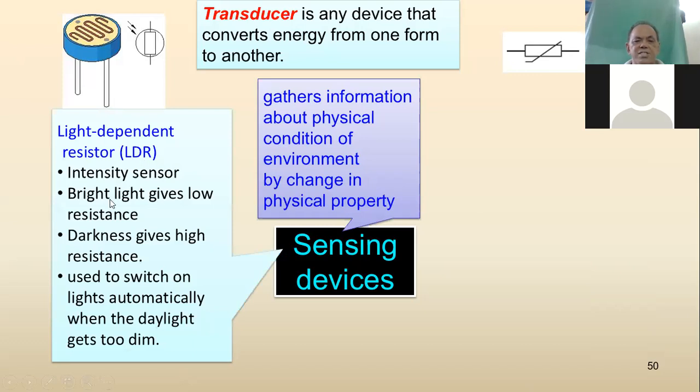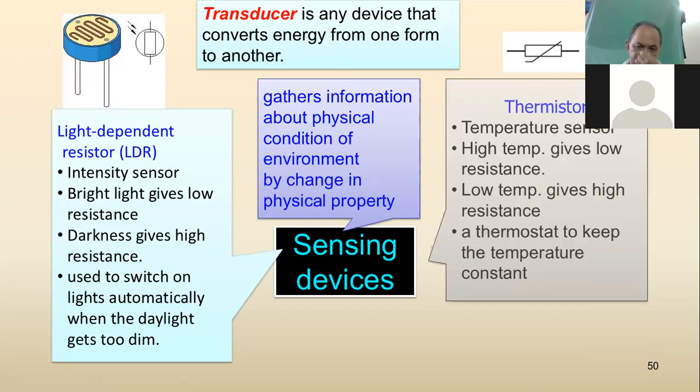The intensity causes a change in resistance of the LDR. Darkness, high resistance. Bright light, low resistance. Then there's the symbol for your thermistor. Same thing. High temperature, low resistance. Low temperature, high resistance. Used as a thermostat.